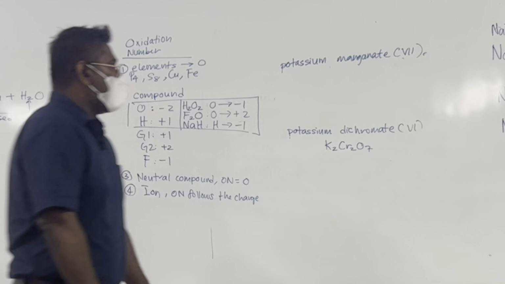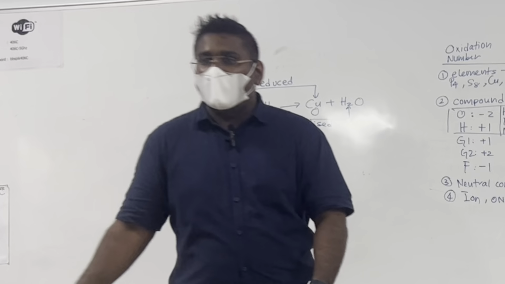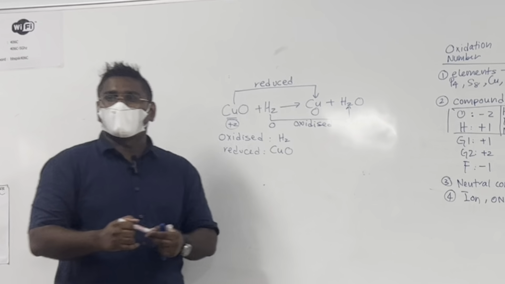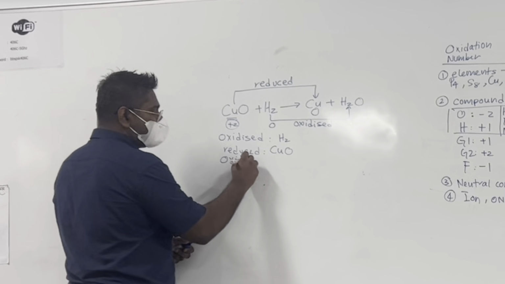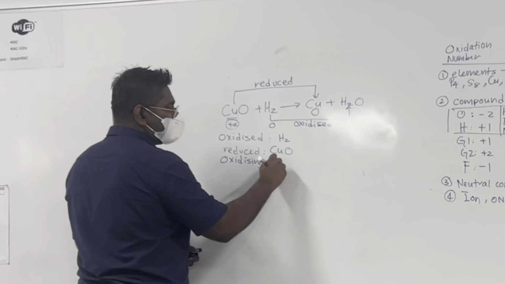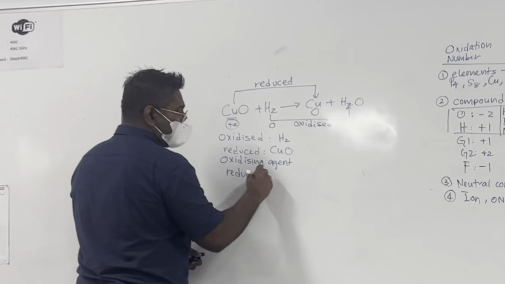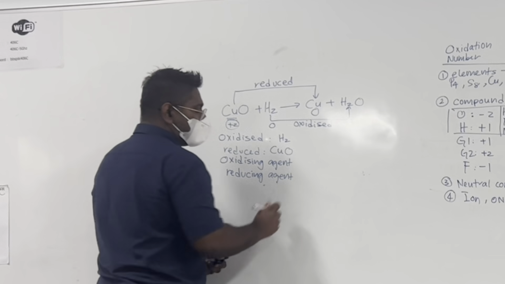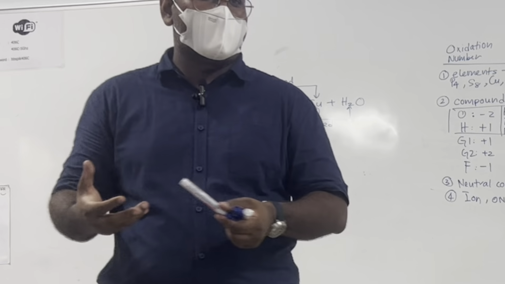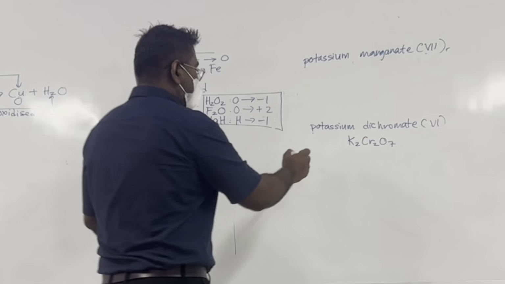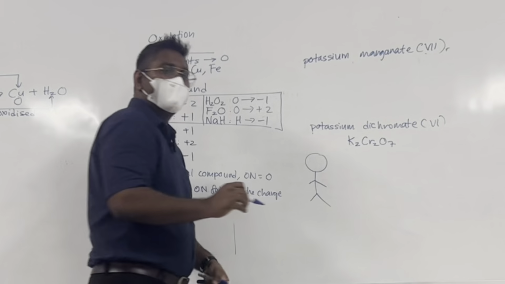So now, what I want to teach you is another addition to this, which is what is oxidizing agent and what is reducing agent. Oxidizing agent and reducing agent are something like insurance agents.